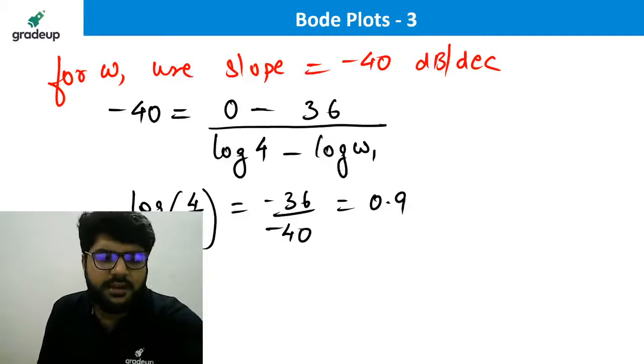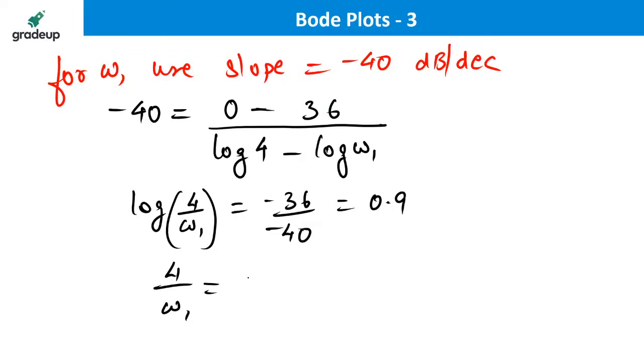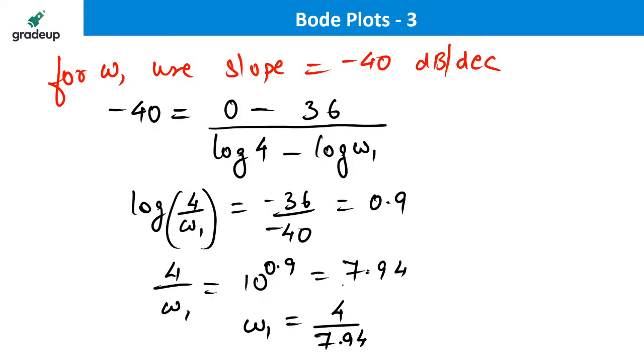So 4 divided by omega 1 is 10 raised to the power 0.9, which gives 7.94. So omega 1 is 4 divided by 7.94, approximately 4 upon 8, so let us take it as 0.5. We don't keep the calculation too precise.